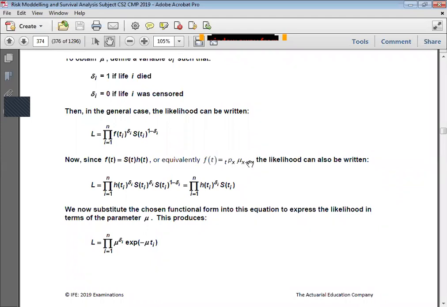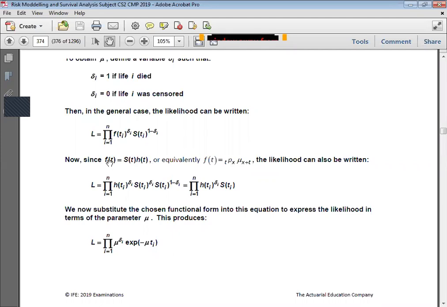So mu x plus t denotes the fact that this rat was aged x plus t. If you're talking about people, this particular person died when aged x plus t. This tpx is nothing but s of t, and I'm rewriting my mu, which is just the value of the hazard function, which I denote as h of t.